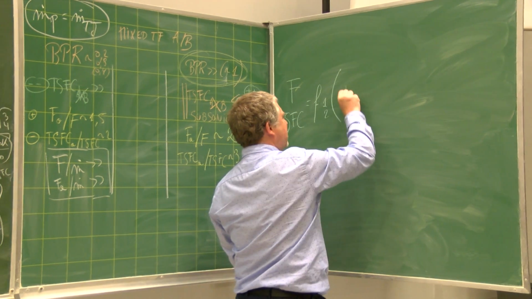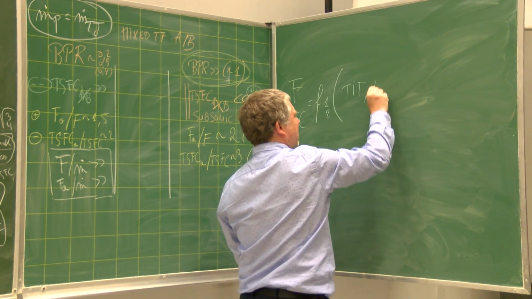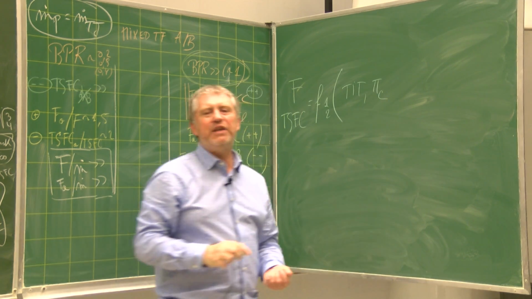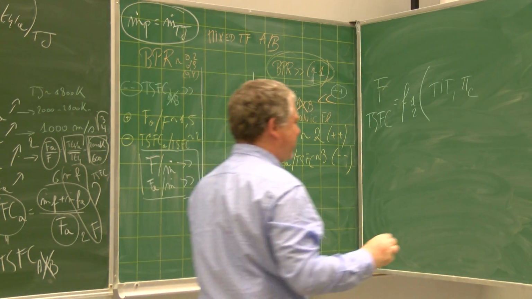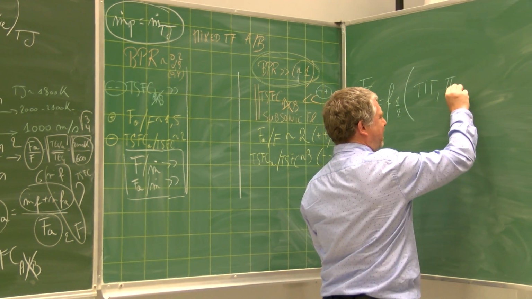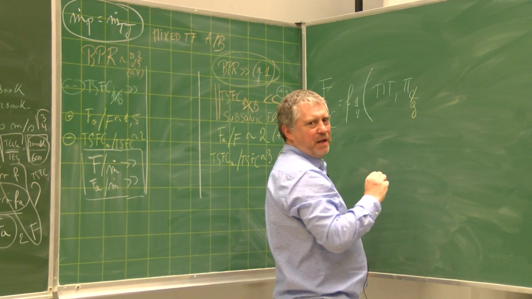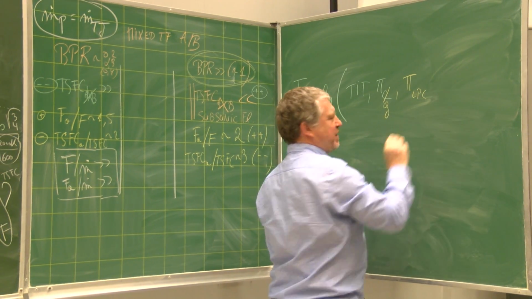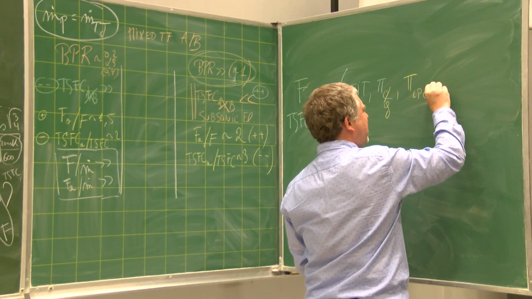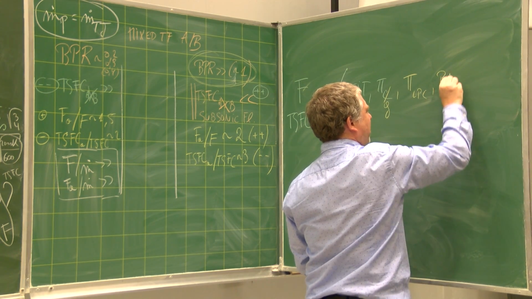And originally, I remind you that the design parameters, we had only 2. When you switch to the turbofan, we have called that P global, we have added the P low pressure compressor, and we have also added the bypass ratio.